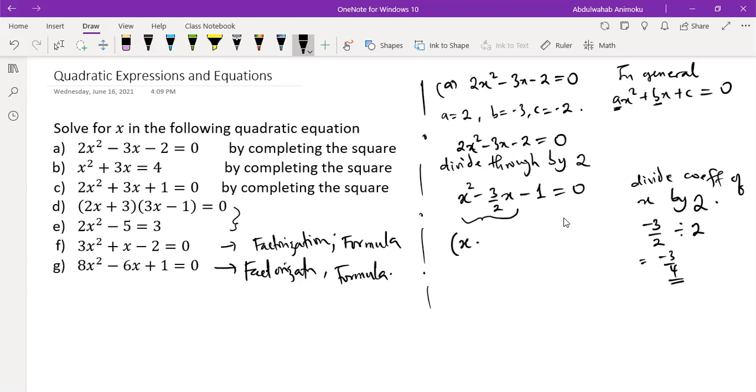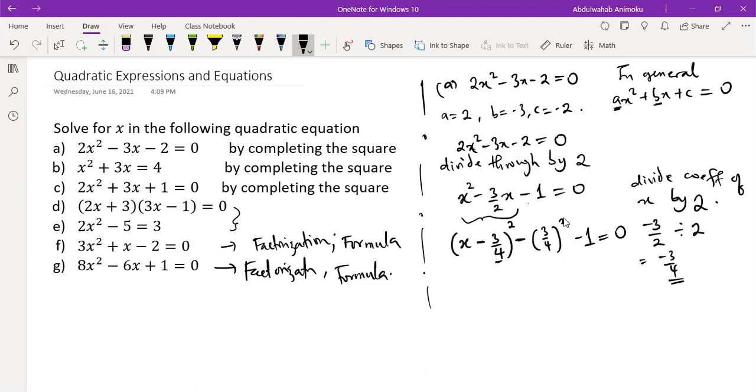We put this together with x, and we square it. Of course, we have to make amends for what we've just done, so we subtract the square of the same number. Now, we still have minus 1 here, and it's equal to 0.